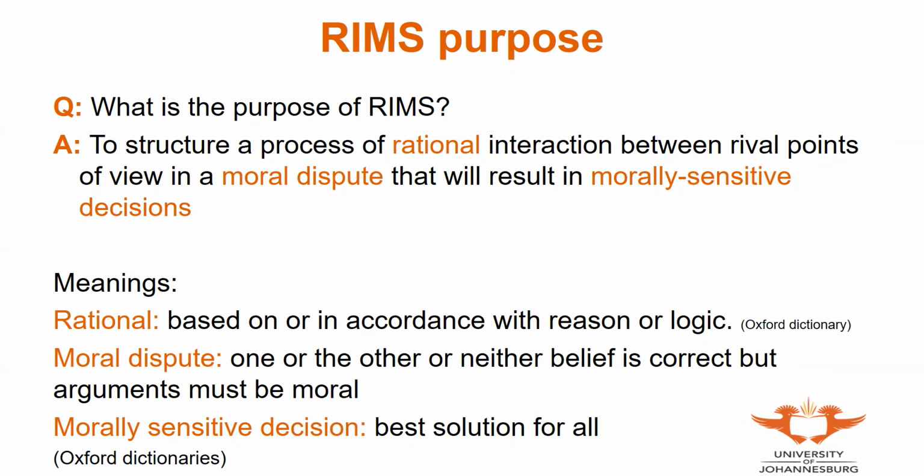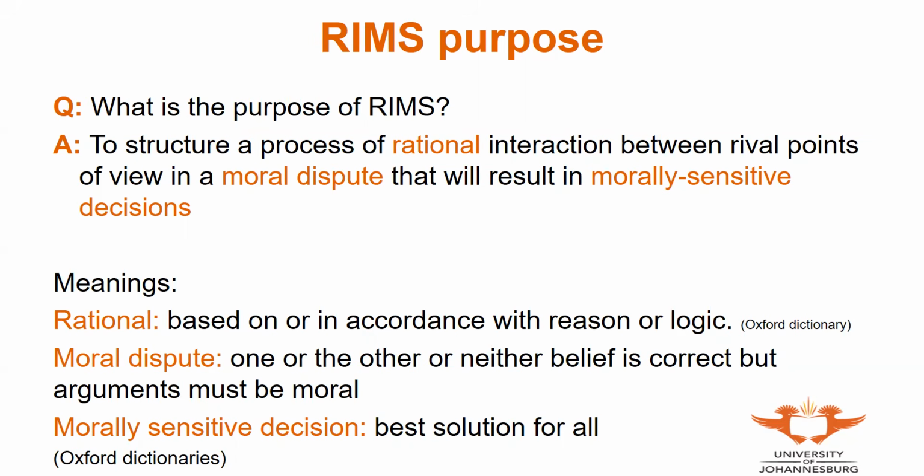Now, if we look at some of the basic meanings, rational means we need to be logical. So we need to come to a logical solution, a solution that makes sense. Then there has to be some sort of moral dispute, so it has to be an ethical dispute.